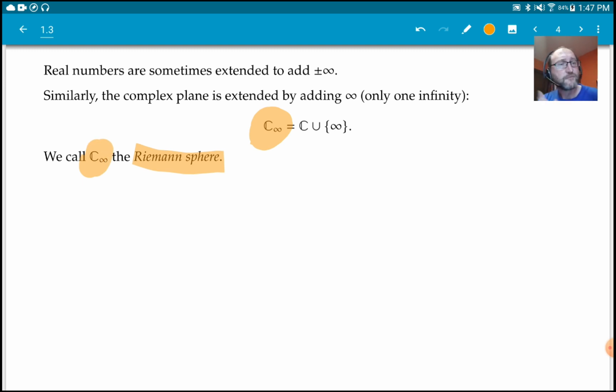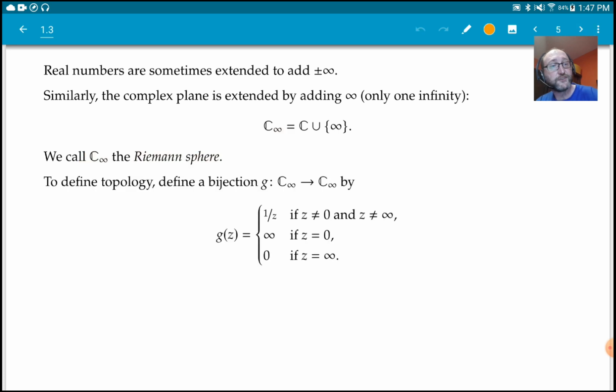Now, how do we define topology on this? That's really the whole point of this, to be able to take limits. So how do we define the topology? Well, we first define this bijection. It's a bijection of the Riemann sphere to itself, and if Z is neither 0 nor infinity, we take Z to 1 over Z, right?